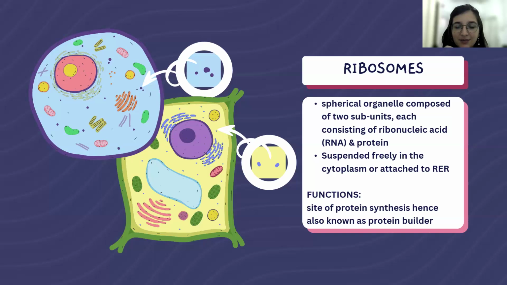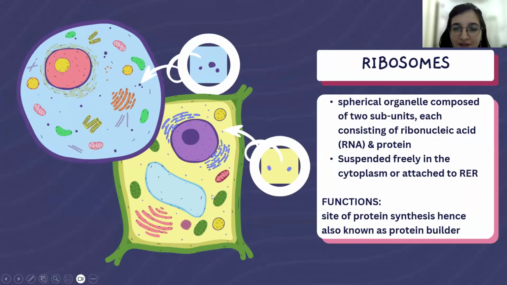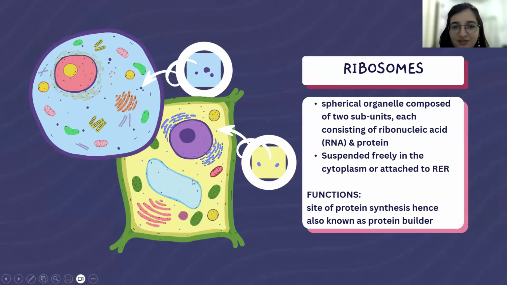And each subunit of the ribosome has something called RNA, ribonucleic acid, again related to the genetic material. And it also has proteins. So the ribosomes, as you can see, are freely here and there in the cell. You can see the random dots here, here, here. They're freely suspended. They don't have a fixed place. They're just throughout the cytoplasm.